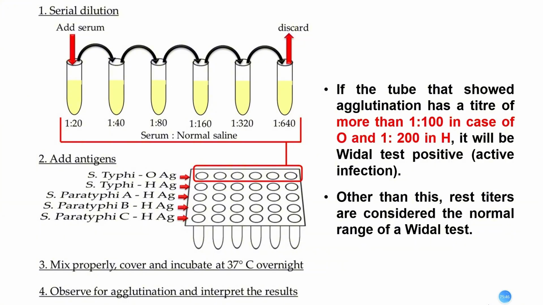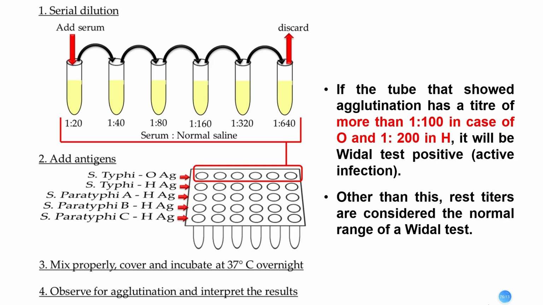If the tube that showed agglutination has a titer of more than 100 for O antigen and more than 200 for H antigen, we say that this is Widal test positive. For example, here, if the agglutination happens in this tube or this tube, for O antigen, we say it's positive.